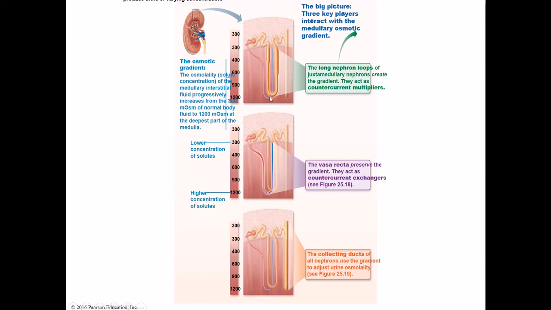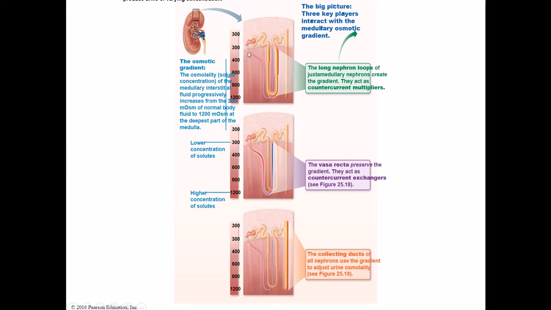Countercurrent because the filtrate flows in opposite directions. It flows down here, but up here. That's what's responsible for making this gradient through the exchange of sodium, chloride and water, as we're going to see in just a second.